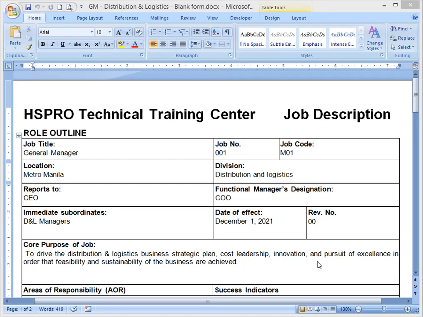I have also discussed the core purpose of the job, which specifies one or a couple of statements indicating the real purpose of the job, which I said is to drive the distribution and logistics business strategic plan, cost leadership, innovation, and pursuit of excellence in order that viability and sustainability of the business are achieved.